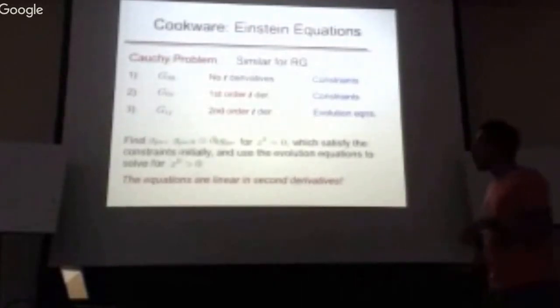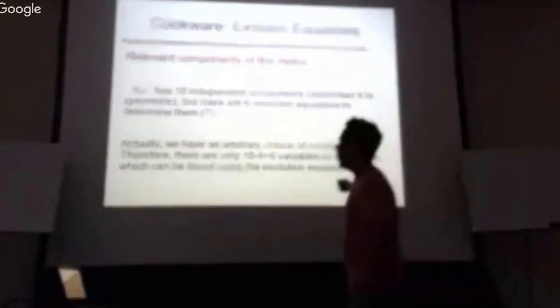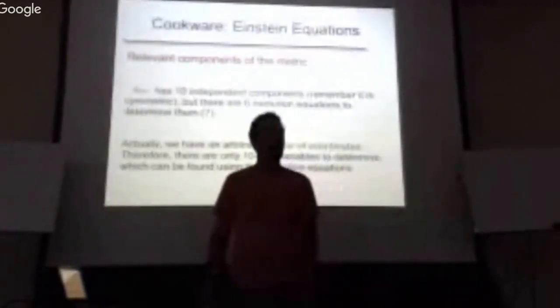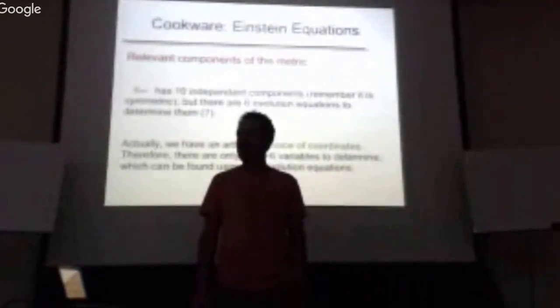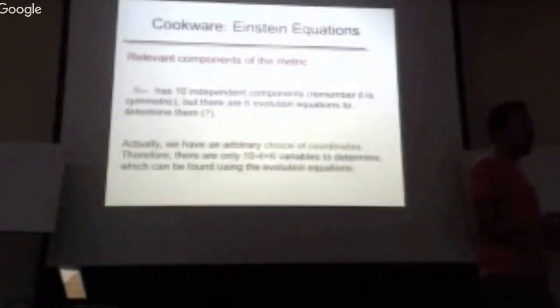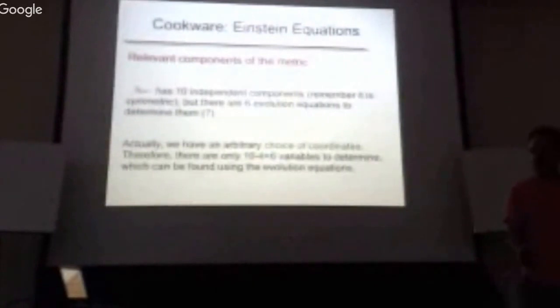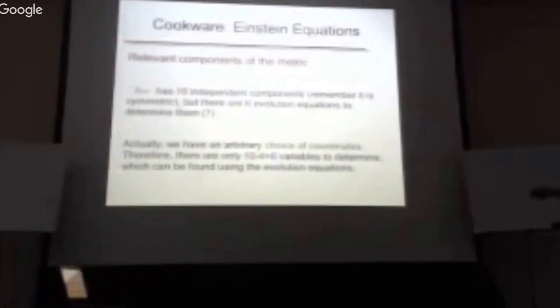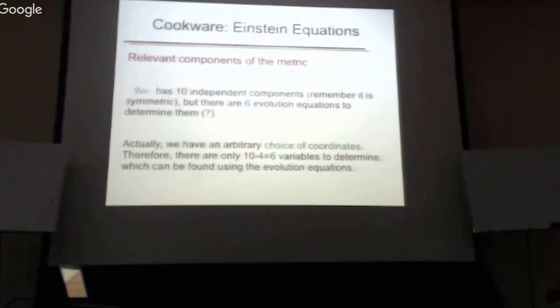And that means we have 10 unknowns, and we have 6 equations. So it looks like we've got a problem, because, for example, in Maxwell equations, we had enough equations. We have 2 equations, and we have 2 unknowns, the electric field and the magnetic field. So that was enough. Here, we have a problem because we have 10 unknowns and 6 equations to evolve them.